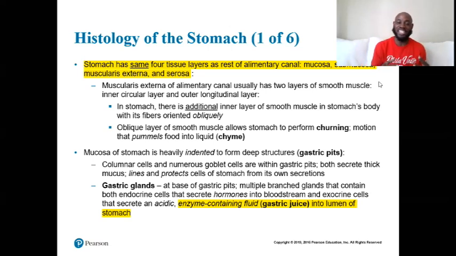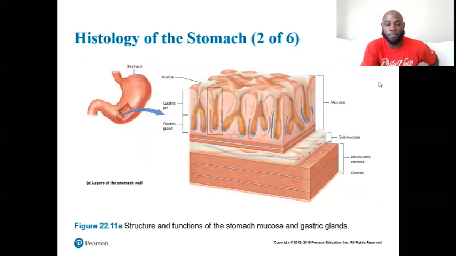Remember, this has to stay in the stomach. We don't want this acidic, enzyme-containing fluid known as gastric juice to get into other parts of our body. It is necessary for the breakdown of the food that we have eaten.